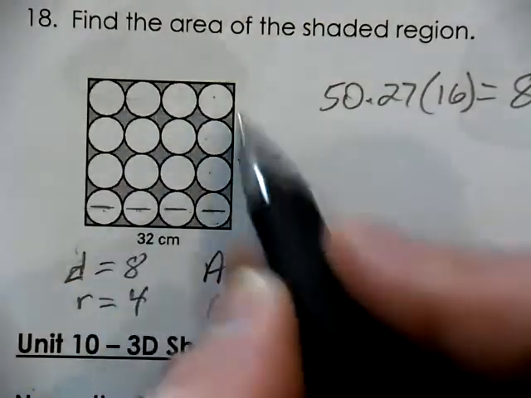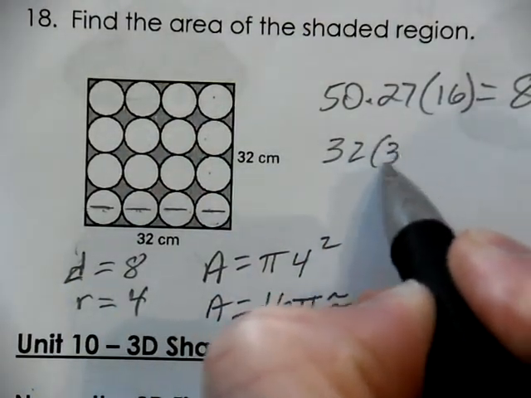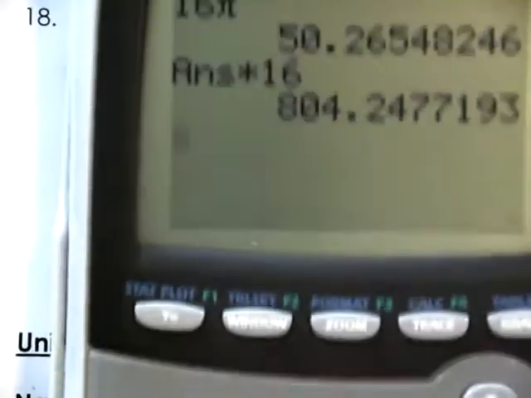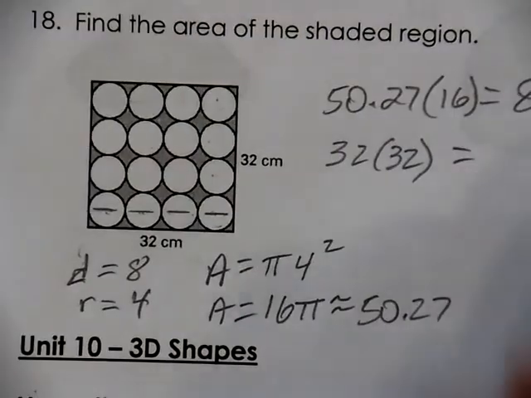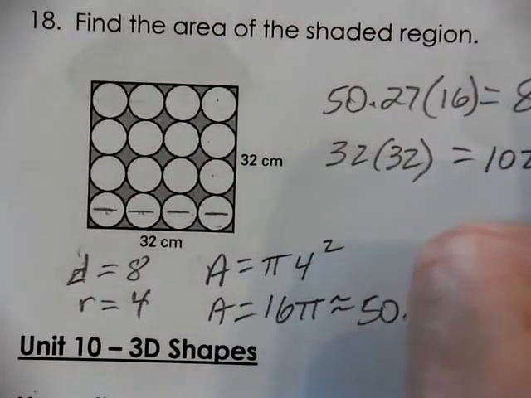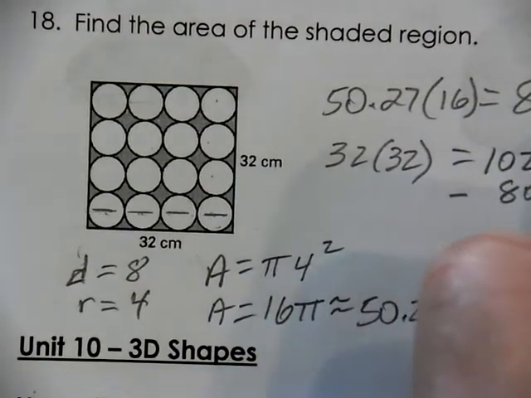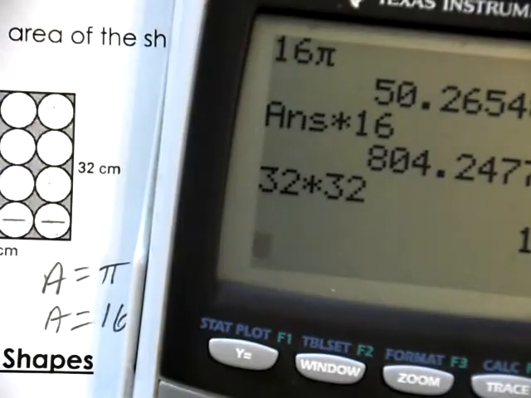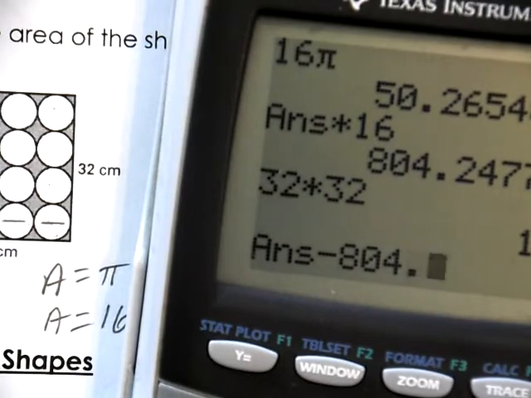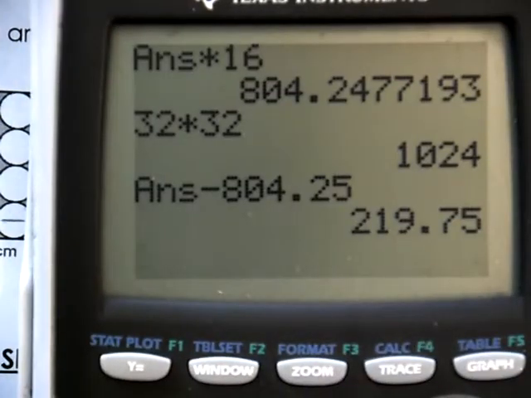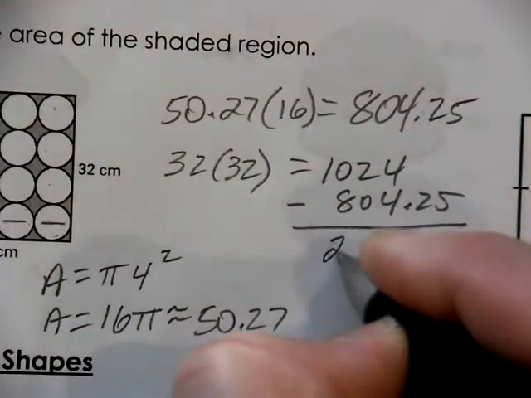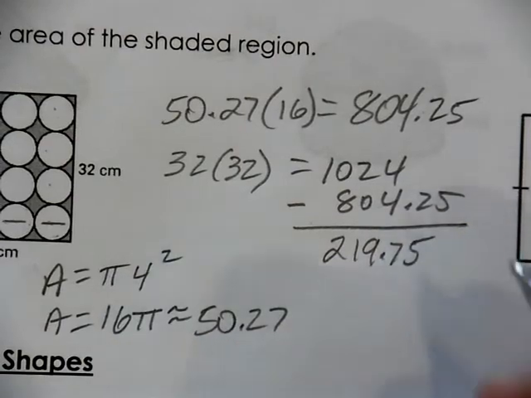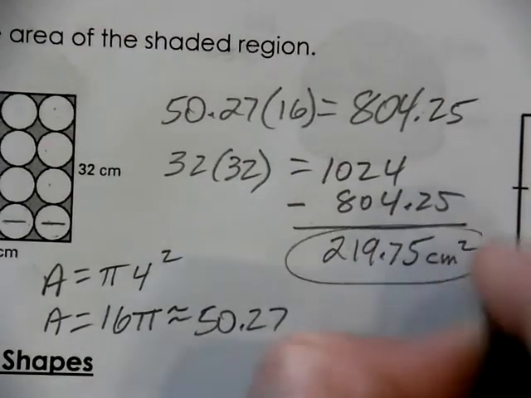Now the full square is 32 times 32. That's 1024. And when we minus our 804 from that, we get 219.75. And those are centimeters squared, square centimeters.